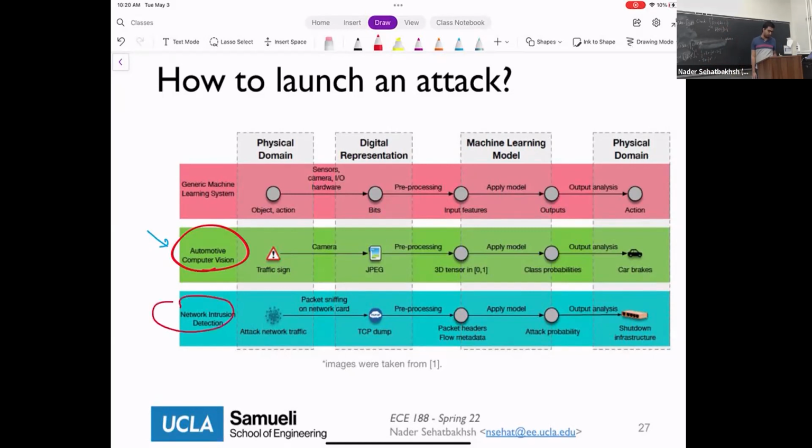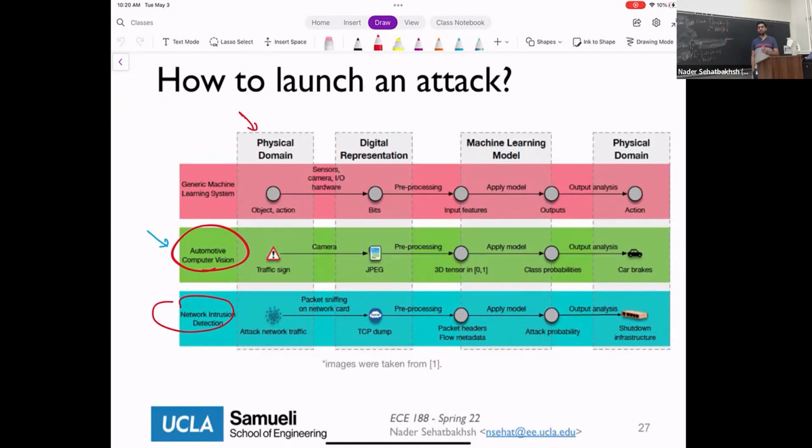The second option is these malware detectors that we extensively talked about. Think about all those papers that we discussed last week. In both cases, you have some sort of interaction with the physical domain. That could be a traffic sign, that could be the network traffic.